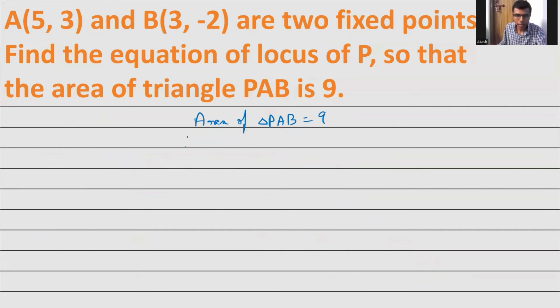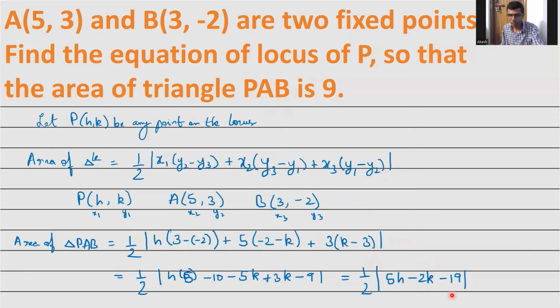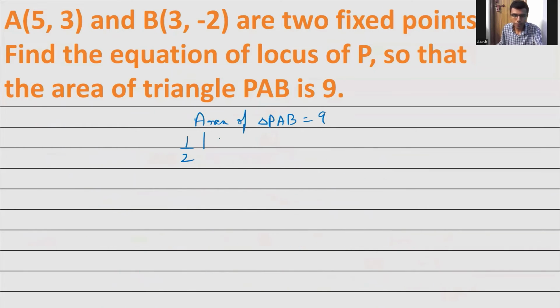What did we get our area as? Half into mod, you can see here, 5h minus 2k minus 19 is equal to 9. Now send this to here. You would get mod 5h minus 2k minus 19 is equal to 9 twos are 18.